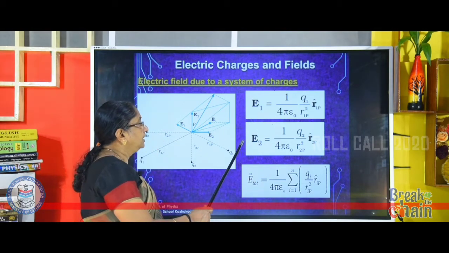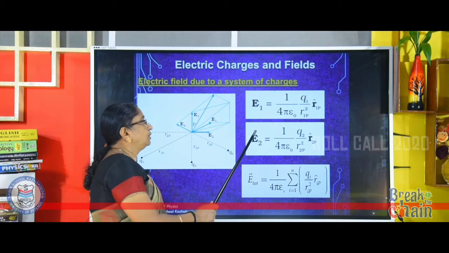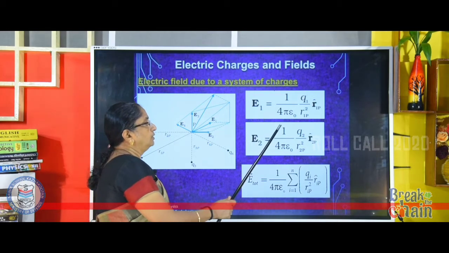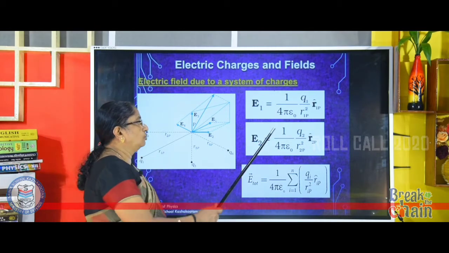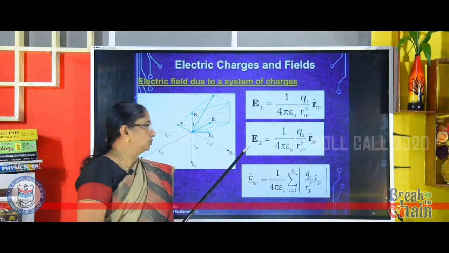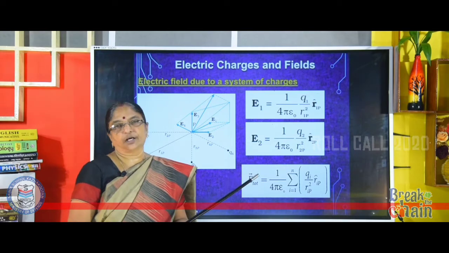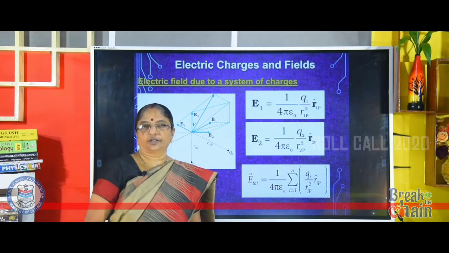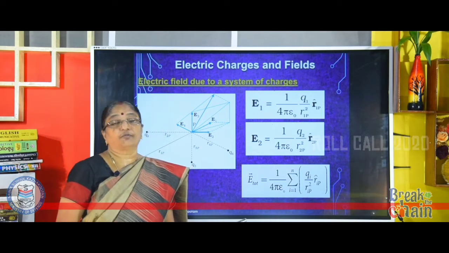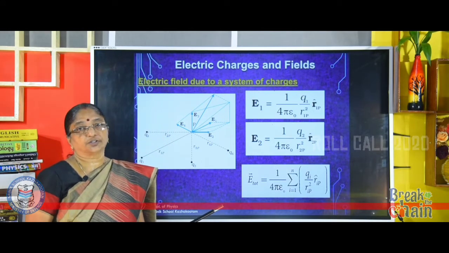And in the same way, vector E2 can be written as K into Q2 divided by r2P square, r2P cap. So generally, if there are n number of charges, we can use a sigma notation like this. Already seen for the resultant force on a single charge by many charges.